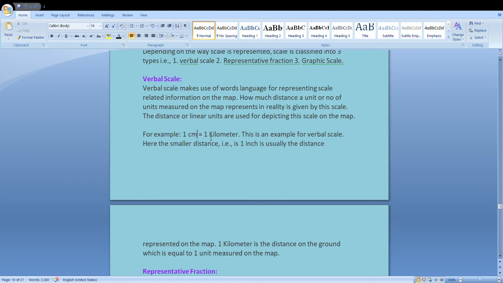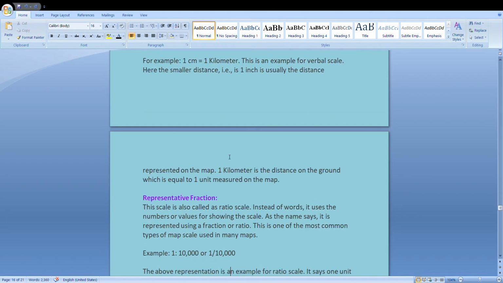You can't draw the whole house as it is on the paper, so you have to reduce the scale. So this is verbal scale. We just write a statement: 1 centimeter or 1 inch is representing 1 kilometer or 1 mile, whatever you have used.